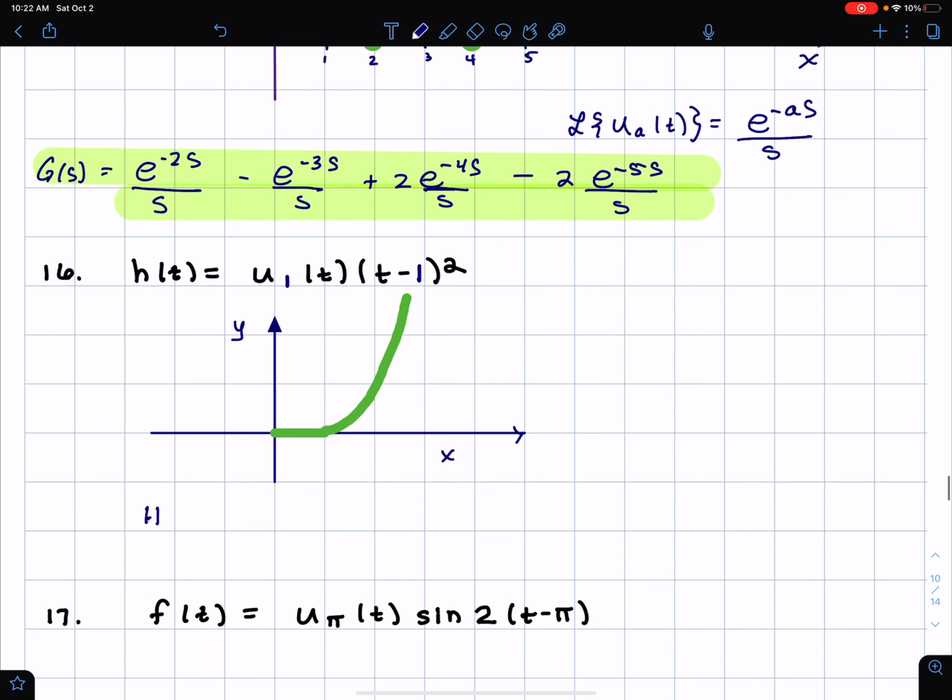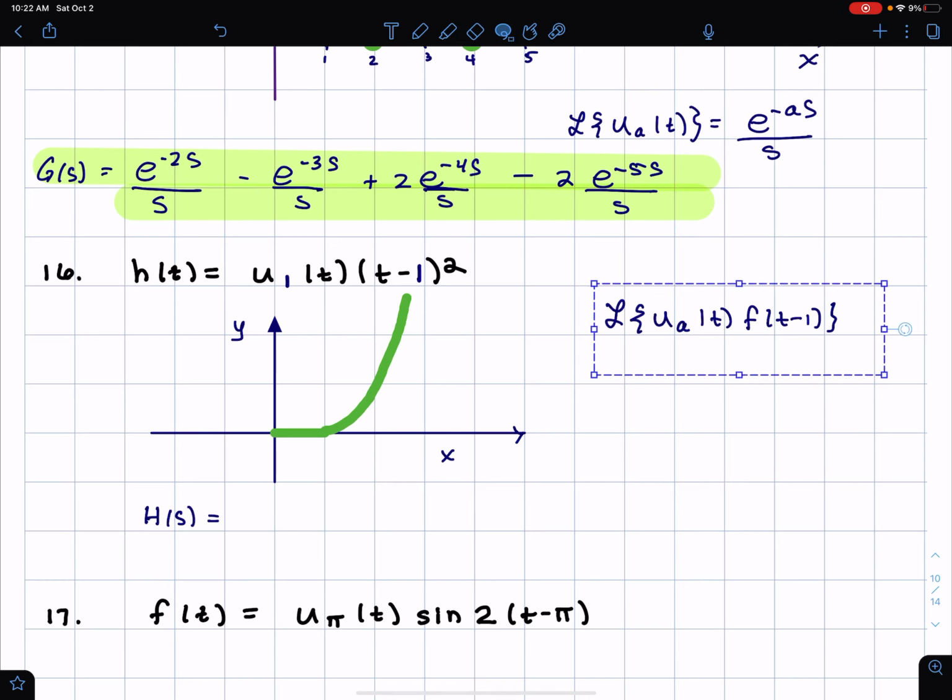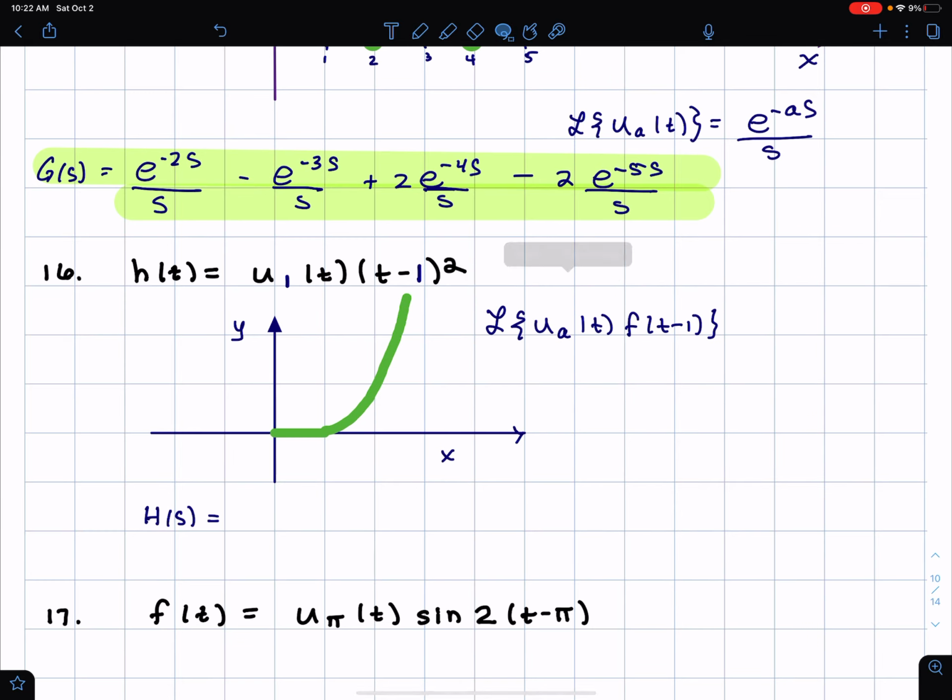Okay, and so the Laplace transform is given by this formula for u_a(t) f of t minus a. We have this formula that we can use, and this is e to the negative as F of s. We also have to use the formula that the Laplace transform of t squared is 2 over s cubed.